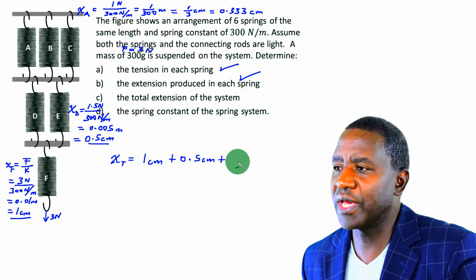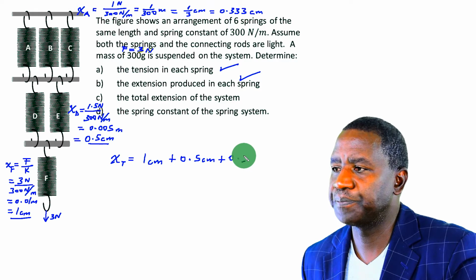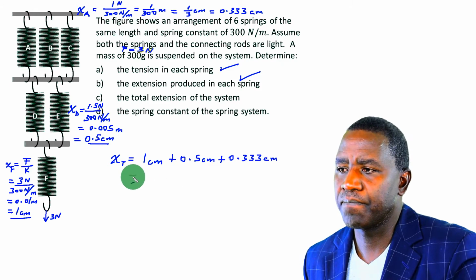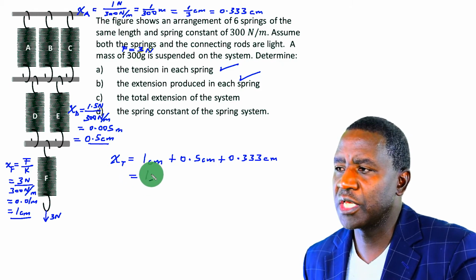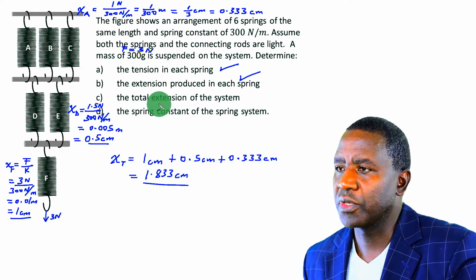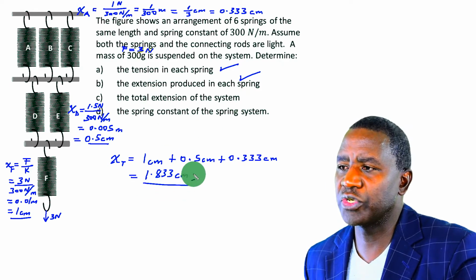And the extension there, 0.33 recurring. And here we are going to get 1.833 centimeters. That will be the total extension of the system.